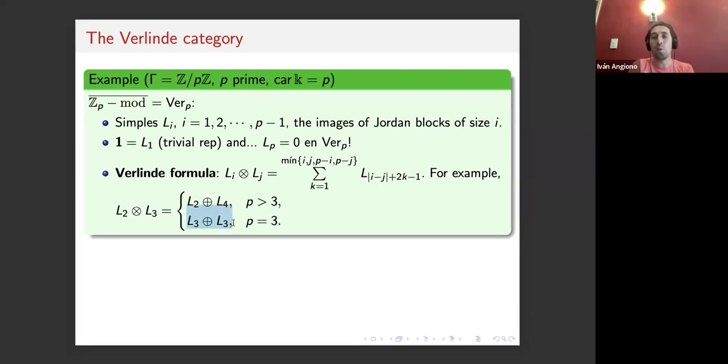And this is compatible with the idea that L3 becomes 0, so L2 times 0 becomes 0. It's so funny because you can do this computation so explicitly. What happens here is that you start to have many scalars which are 3 or something like this. So this is essentially the idea.